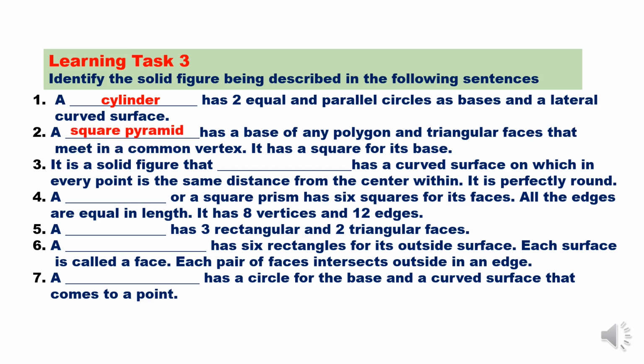A square pyramid has a base of any polygon and triangular faces that meet in a common vertex. It has a square for its base. Continue this activity and try to answer number 3 up to 7, and time starts now.